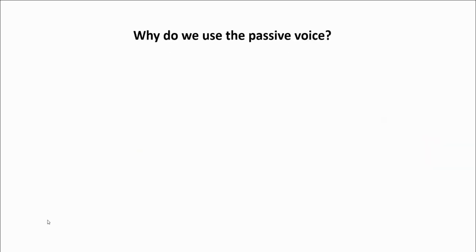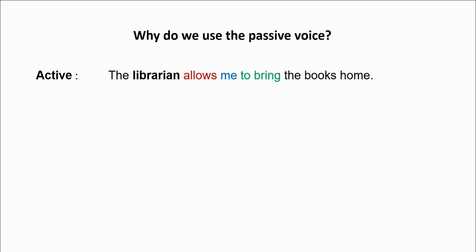So, why do we use the passive voice? Well, in fact, I've already answered that question. Let me explain that again. So, in the active form, the librarian allows me to bring the books home.